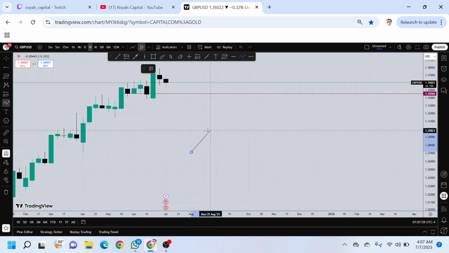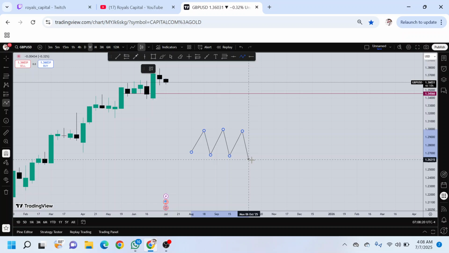Maybe price is consolidating like this, and then we are in an uptrend, and we know this thing is going up. So what does smart money, what does the market do before it moves in its intended direction?